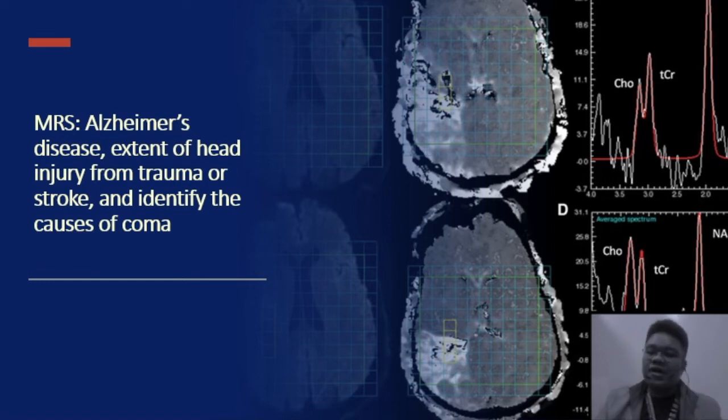So class, your MRS is used to evaluate for the presence of Alzheimer's disease. Just for evaluation, because diagnosis of Alzheimer's tends to be symptomatic. Then it is also used for the extent of head injury from trauma or stroke, and to identify other possible causes of coma.